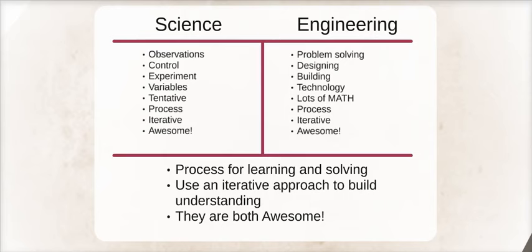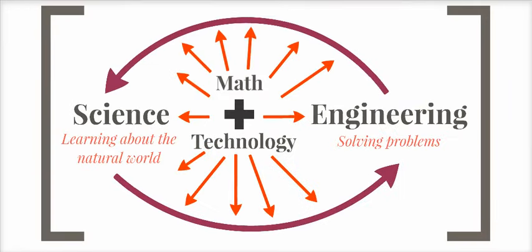And in engineering, you do the same thing. You do this brainstorming process to try to figure out the best solution to a problem. And they're both awesome. So what we're seeing with these similarities is that they seem to have a symbiotic relationship, where science is learning about the natural world and understanding information and understanding phenomena happening around us.